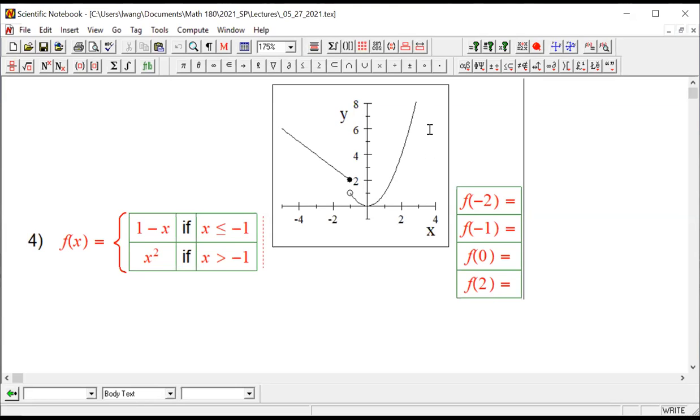That's the graph of the function, so give me the answer. What is f of -2?